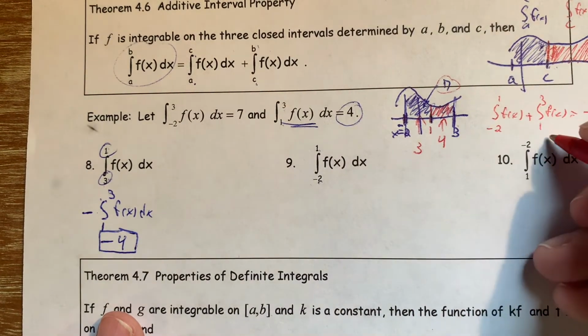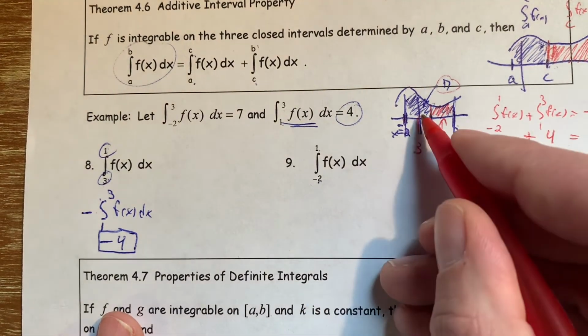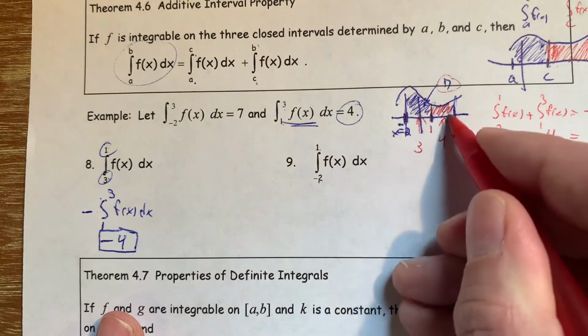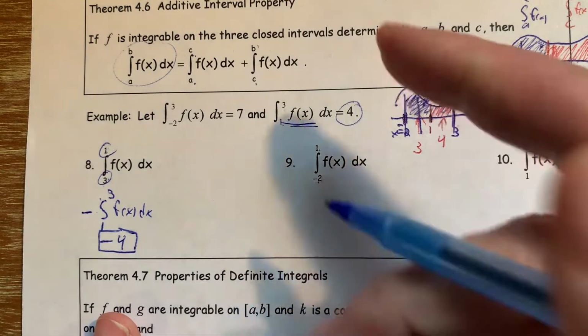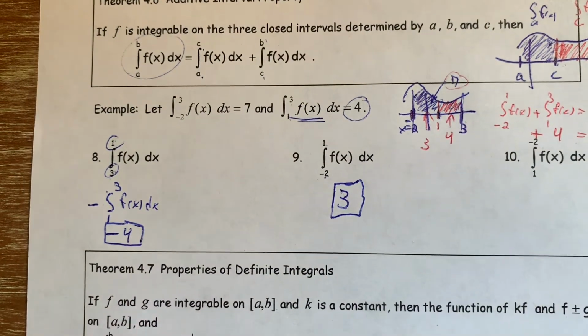So 4 plus something needed to equal 7. So this part needed to be 3, and so that's the answer. So it's just using some reasoning and some geometry to make sense of what's going on there.